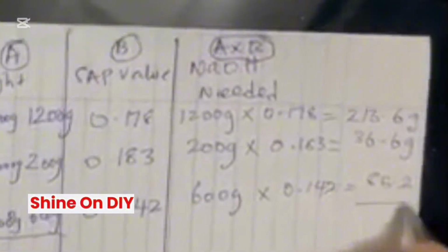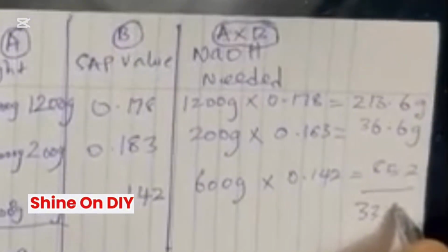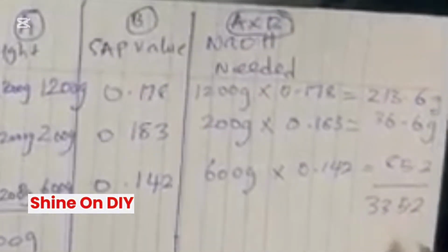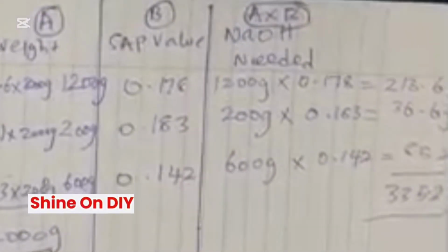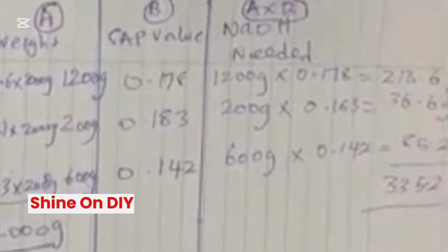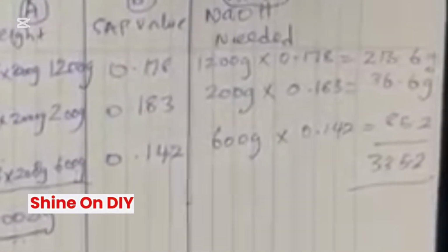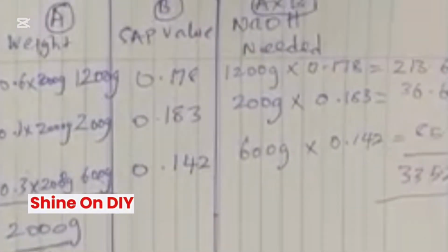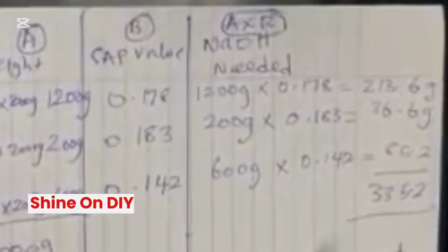Calculating the three together, what we have is 335.2. That is the amount of caustic soda we need to saponify this 2,000 grams of oil. I hope I'm clear. If you have any question, kindly drop it in the comment section. I will be there to reply to any of your questions.